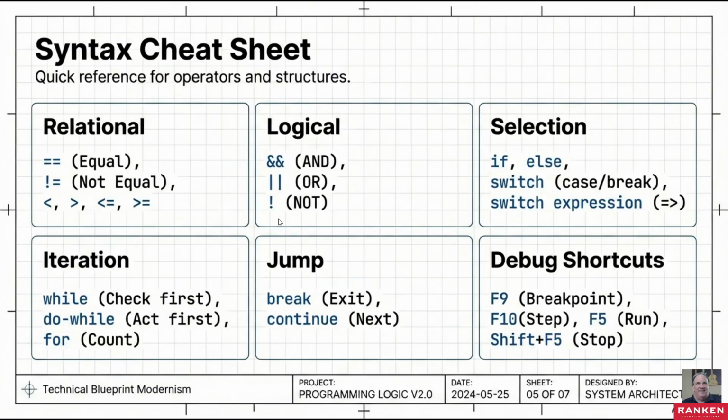Remember that the not is the inverse. So if the thing you're checking against is true, it's going to return false. If the thing is already false, it's going to return the value of true.